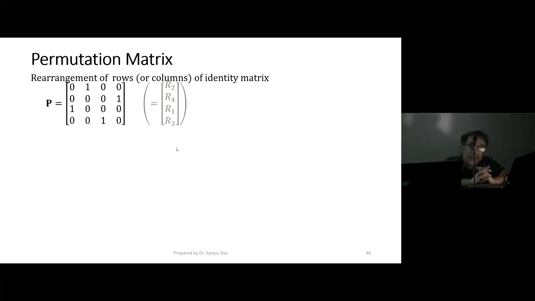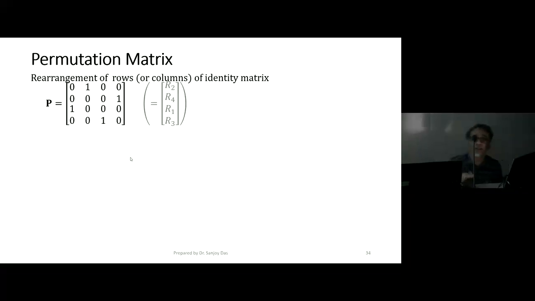First, let's introduce what a permutation matrix is. A permutation matrix looks very much like an identity matrix and shares some of its properties. It has a single one in every row and every column. It's equivalent to taking an identity matrix where row 2 of the identity matrix comes here, then row 4 of the identity matrix, then row 1, and then row 3.